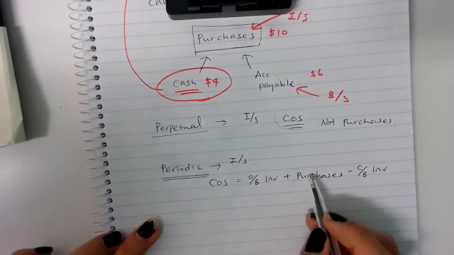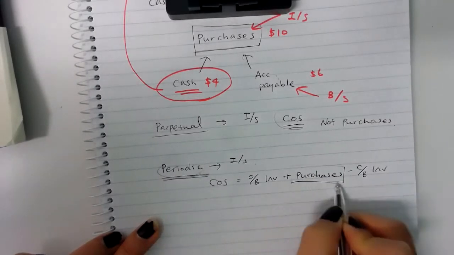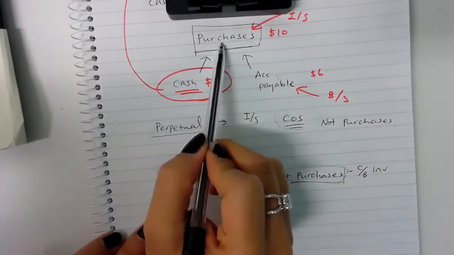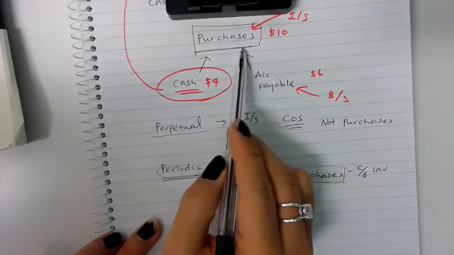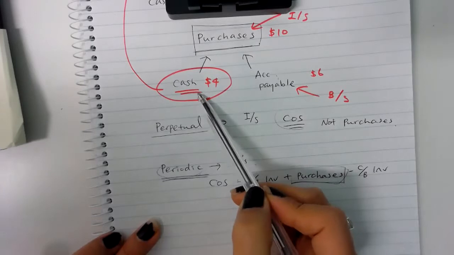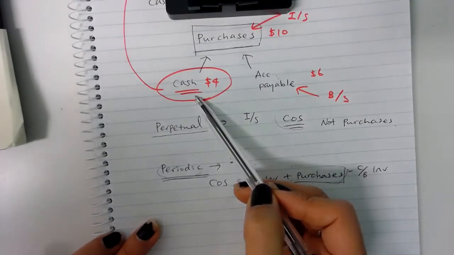And now, if the business is using periodic, that means you will have a purchases amount on their income statement, then you can just simply use that there. So you know exactly how much they bought, adjust for accounts payable, and it will tell you how much inventory they purchased with cash.